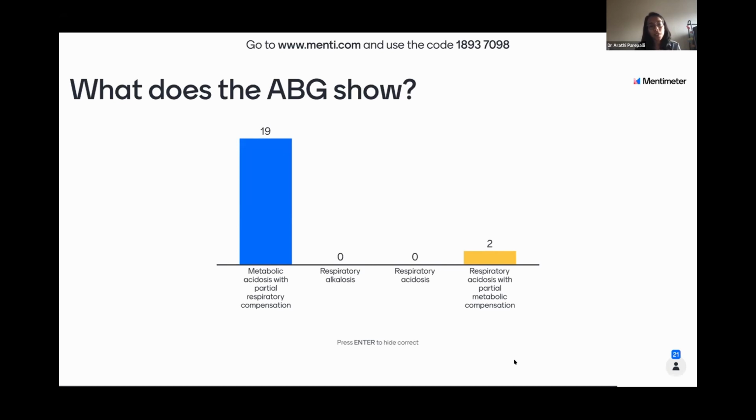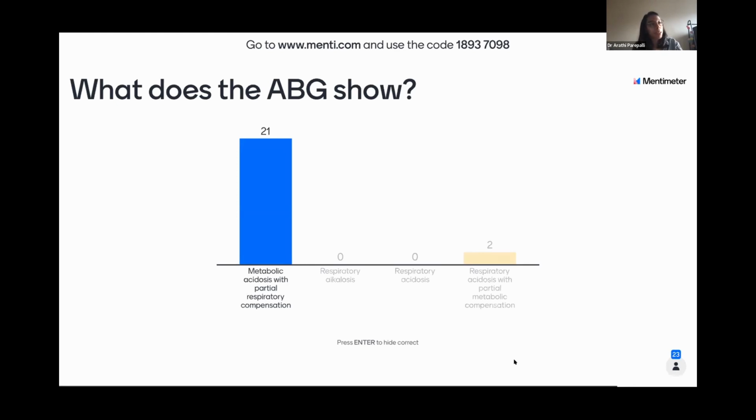All right, so I'll show you the right answer in this. Just to go over this one real quick, because I think a couple of people understood that it was partial, but respiratory and metabolic have been mixed around. So you've got the pH disturbance, so you're acidotic at 7.26. Then you need to find a cause for the acidosis.